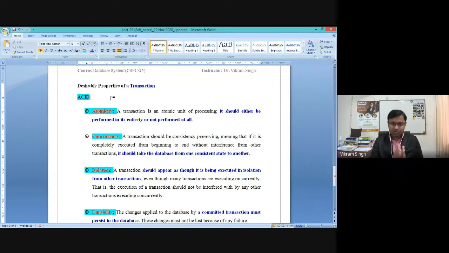Either it should be performed in its entirety, boundary to boundary, or if there is a failure, an external factor which causes the transaction to be aborted or terminated, it should not perform at all. It should be backtracked. That is the property of atomicity: any transaction performed in the database system should be performed in its entirety, and if not, it should not perform at all.